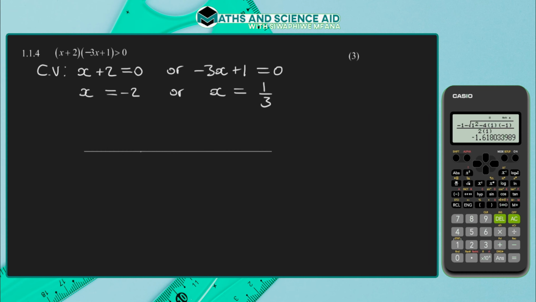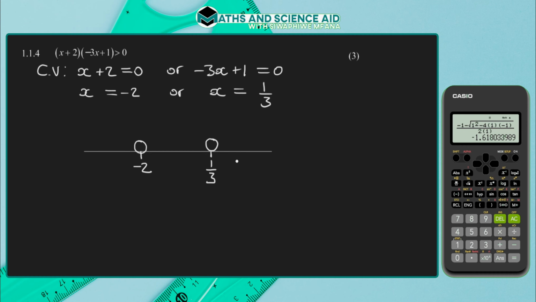So negative 2 first, and then 1 over 3 because it is bigger than negative 2. And now the critical values again are the values where the equation is equal to 0. So we show that in the number line by writing zeros on top of these values.